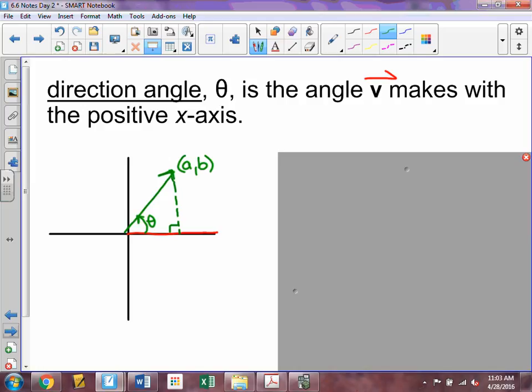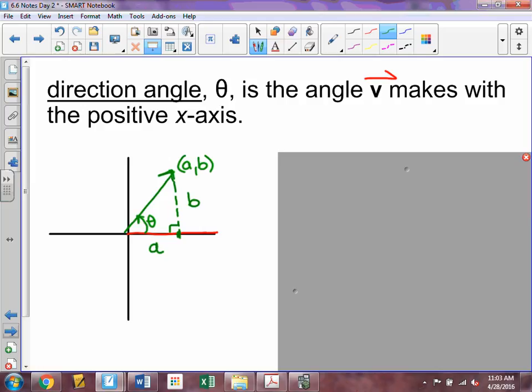We're looking for theta. How far is it between the origin and right there on the x-axis? How long would you say that is? a. How high is it? b. How could you find theta? What would you do? b over a would equal what? Tangent, right?